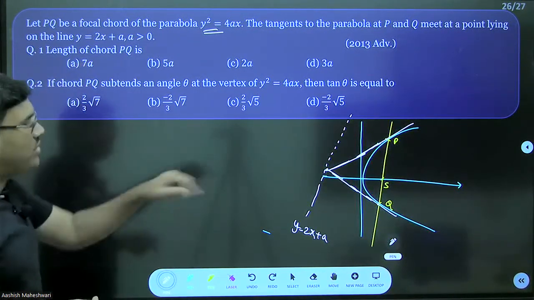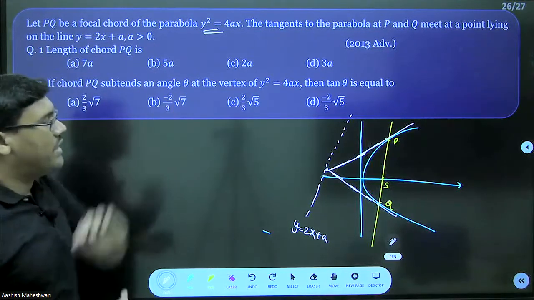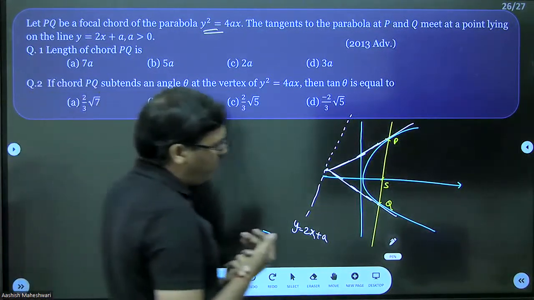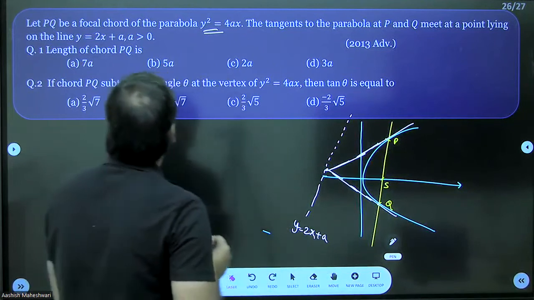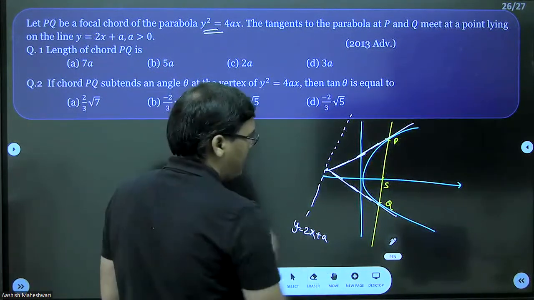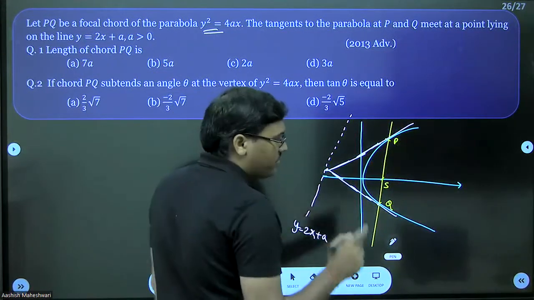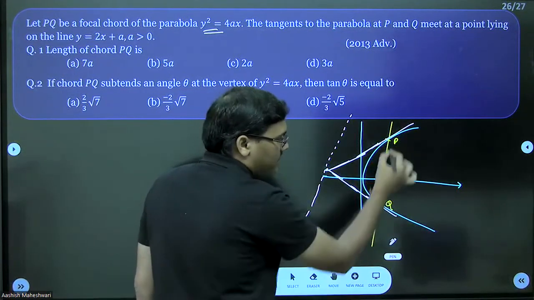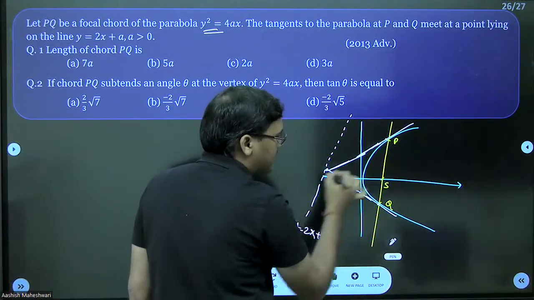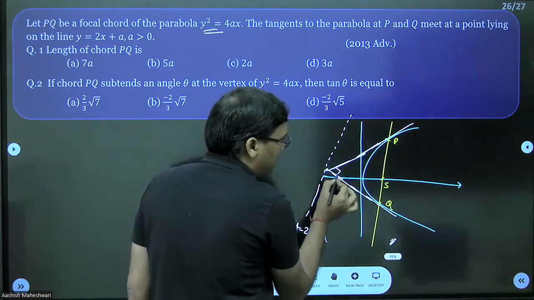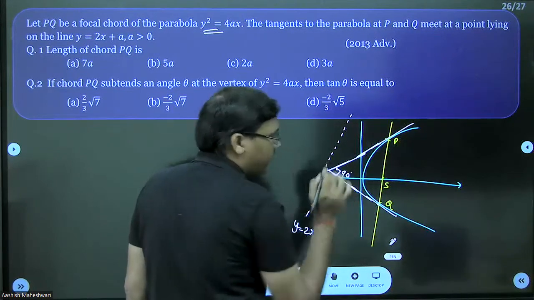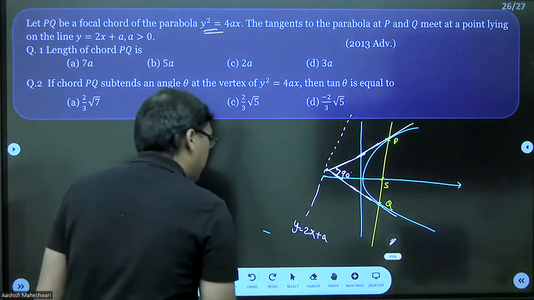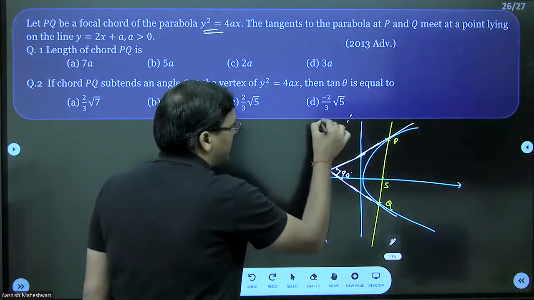Now the question is, what is the length of PQ? You have to find the length of PQ. See, there is only one time. Now first you observe here, this is the standard parabola, this is the line, the point of intersection. First thing you observe, this is the focal chord, and the tangents at the ends of a focal chord intersect at 90 degrees on the directrix of the parabola.